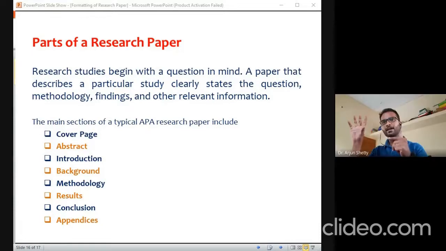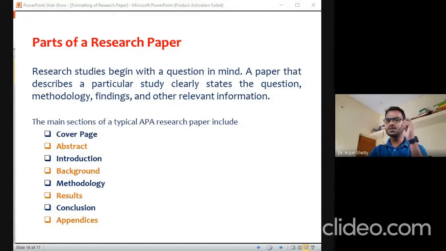All will have common sections. But the patterns are a guide. I mean the style of articulation of your research paper is quite different from one to another. So usually, don't get confused with only APA.